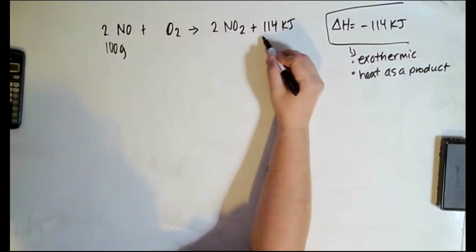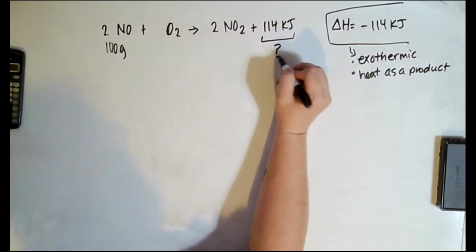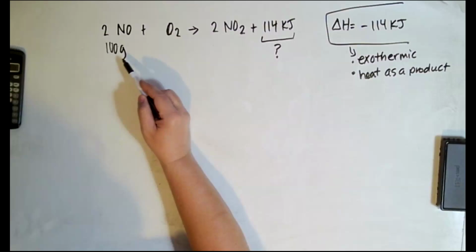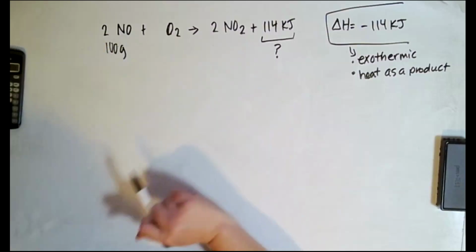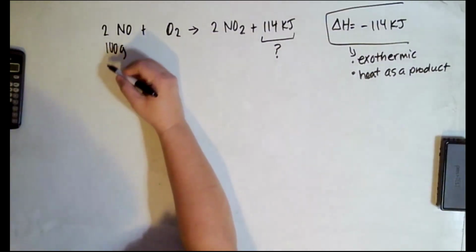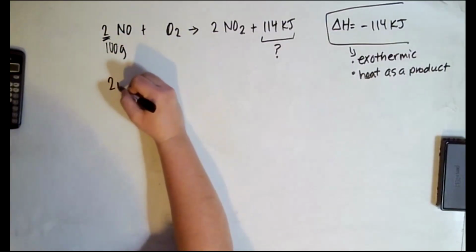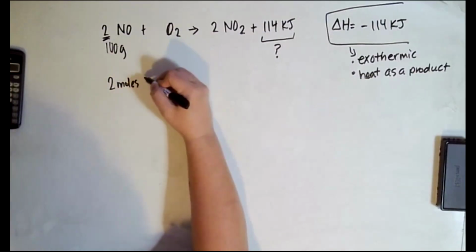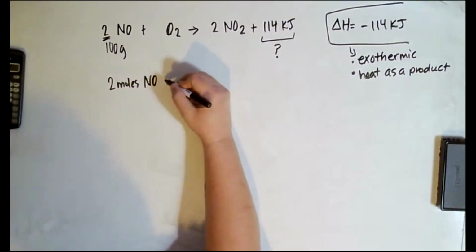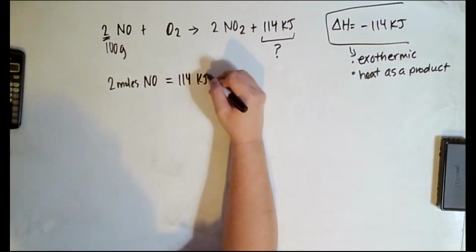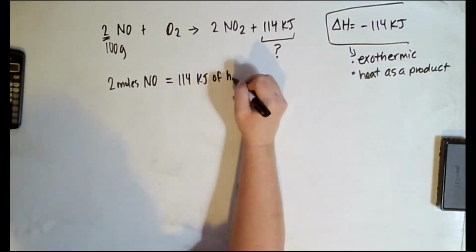So it's asking us to find the kilojoule value that goes along with the 100 grams of NO. The equality that we can make between those two things is that coefficient in front of our NO value. Every 2 moles of our NO gas is going to produce 114 kilojoules of heat.